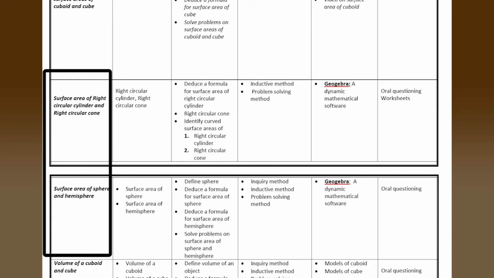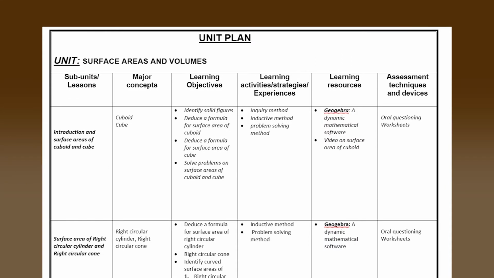Consequently, the second subunit he has planned as surface area of right circular cylinder and right circular cone. Okay, let us see how a student teacher has divided the unit into a number of subunits. He has divided the entire unit into 5 subunits, namely introduction, the surface area of cuboid and a cube as one unit.